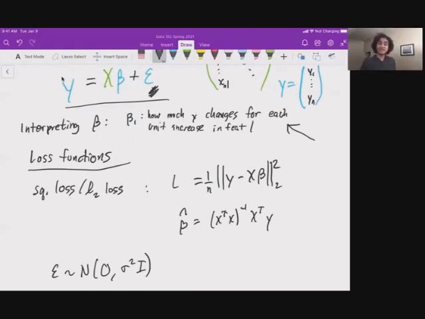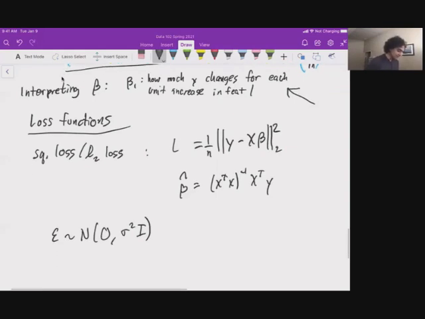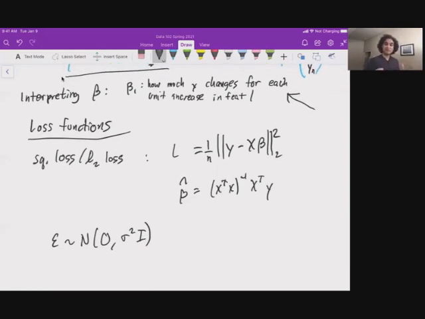I'm saying it's the identity matrix because they're all independent. So from a probabilistic standpoint, y is normally distributed with mean x beta and variance sigma squared I, where I is the n-dimensional identity matrix.